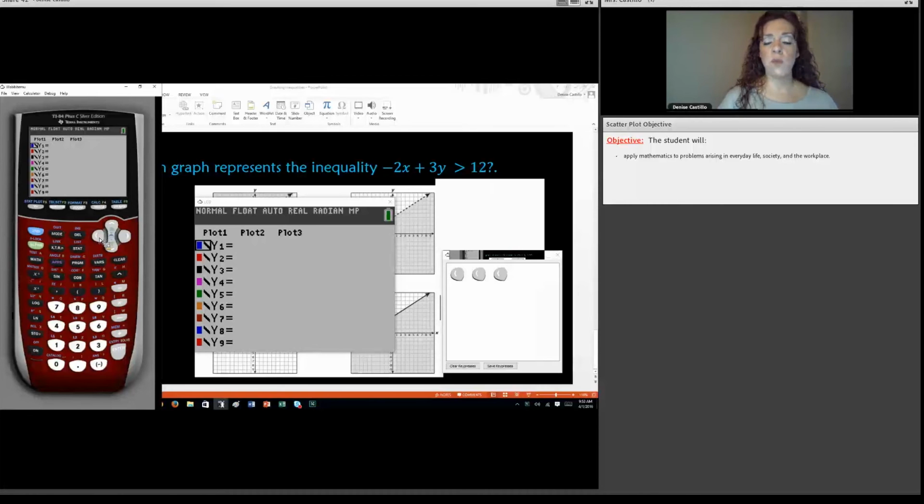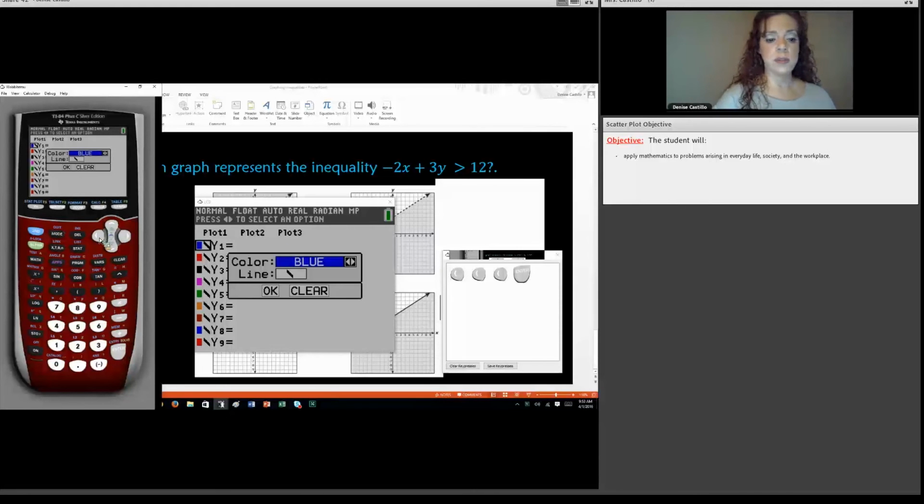So we're going to arrow to the left in front of y1. Now in this case, we are looking for greater than. So we'll hit enter, arrow down once, and then arrow right once. That is the triangle on the top, so that is going to be greater than, and that's what we want.